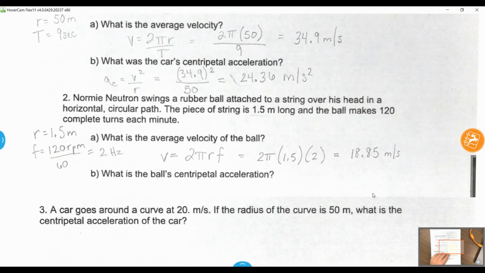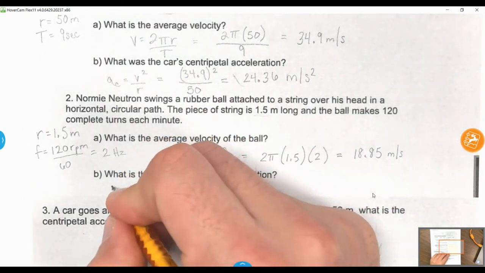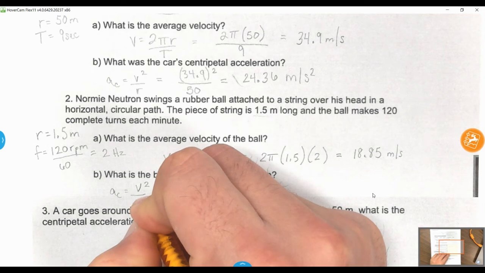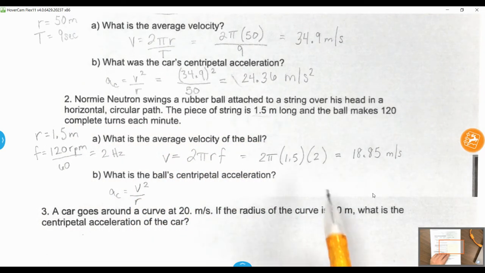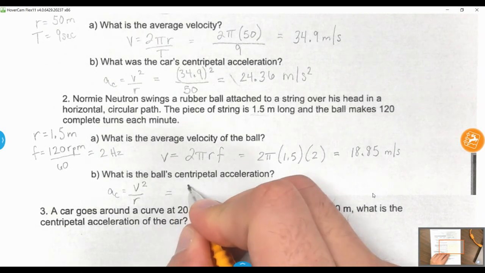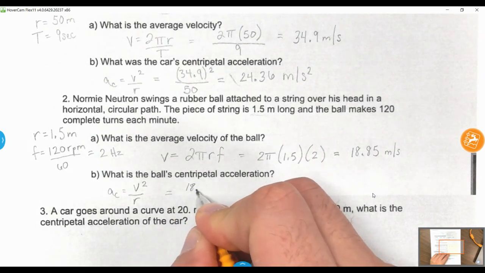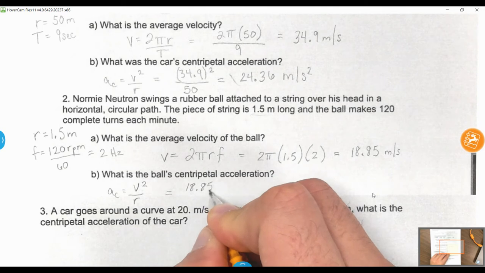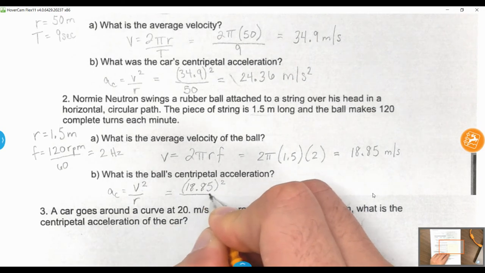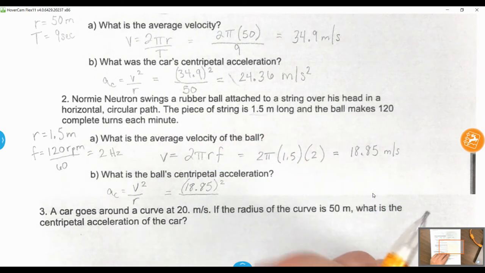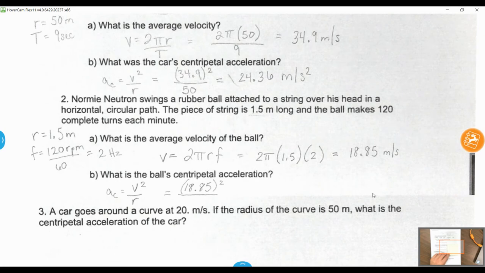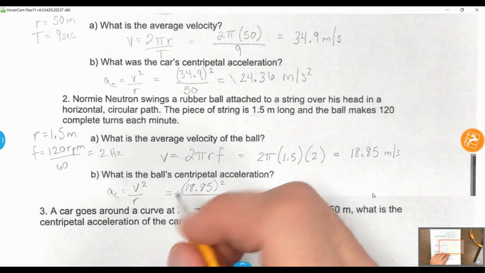What is the centripetal acceleration? Again, that equation is v squared divided by r. We just solved for v. So we're taking this 18.85, squaring that, and dividing it by our radius of 1.5.